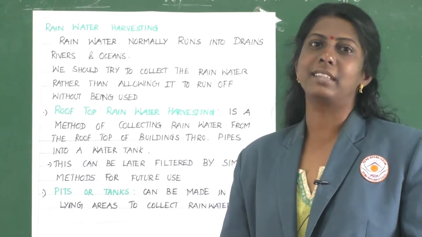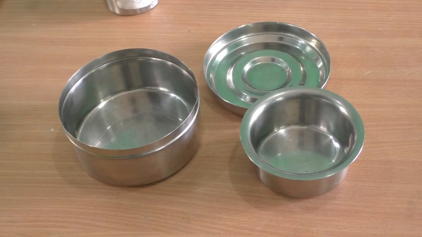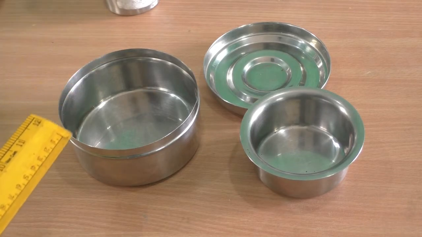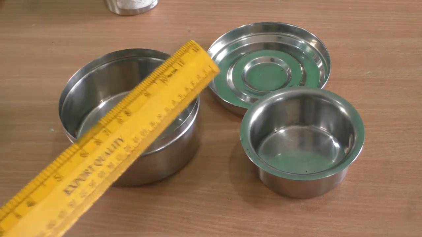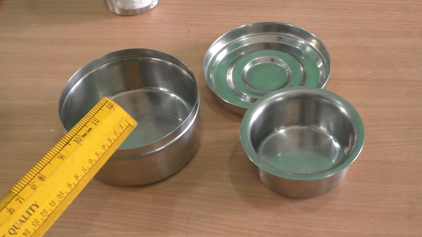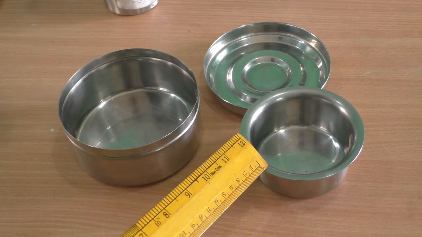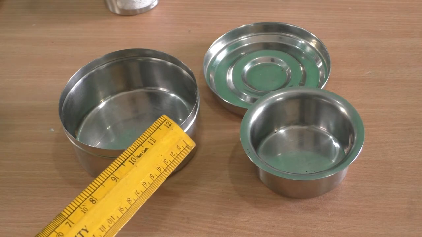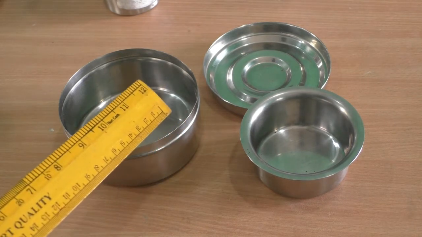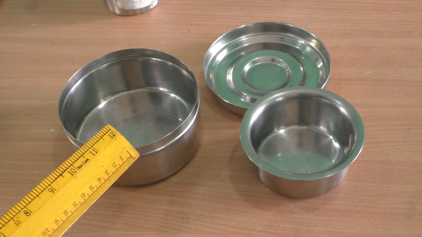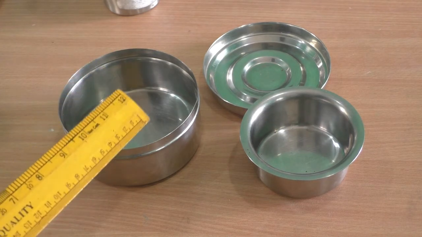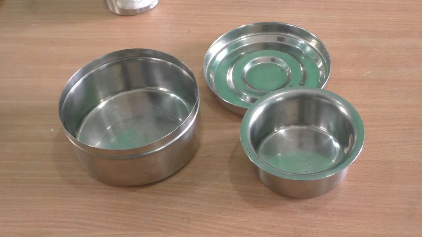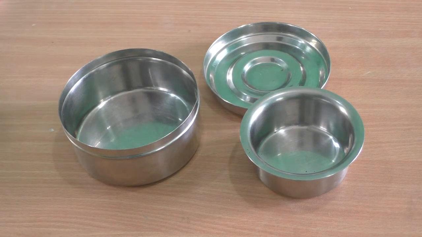Clear children? Yes. Children, now you can see here a big bowl and a tiffin box, is it not? A big bowl and a small container. Now we are going to learn about the water cycle. Now I am going to add hot water in this big bowl.